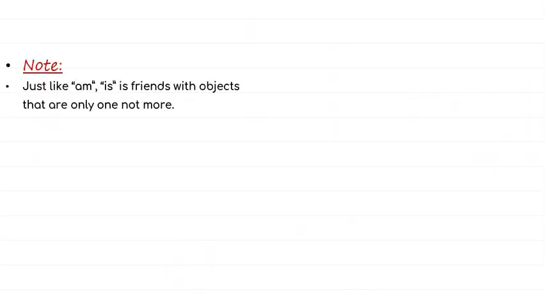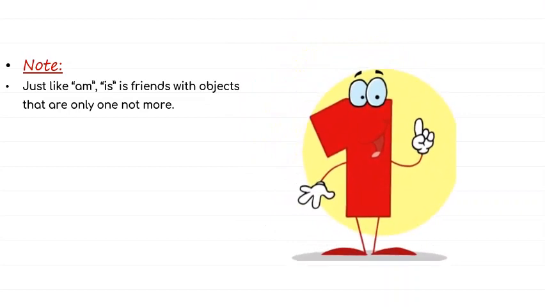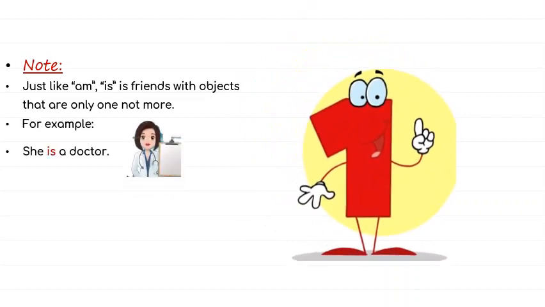Now, there's something that we should always remember. Just like am, is friends with objects that are only one, not more. For example, let's read this sentence.